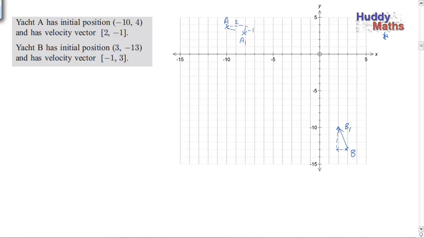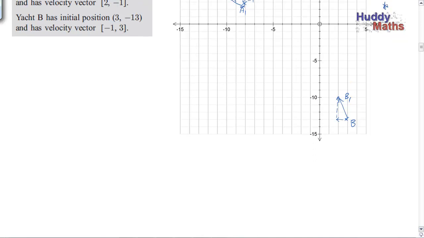So yacht A would have gone to there. Bit hard to write on the screen. So it certainly looks like an interesting problem. Now we're not describing the movement of A and B in terms of y and x here directly. Okay, let's have a look at going on with it. So we've got that.